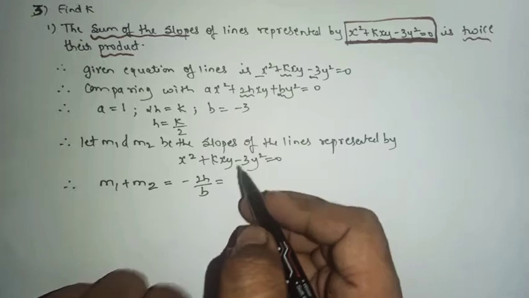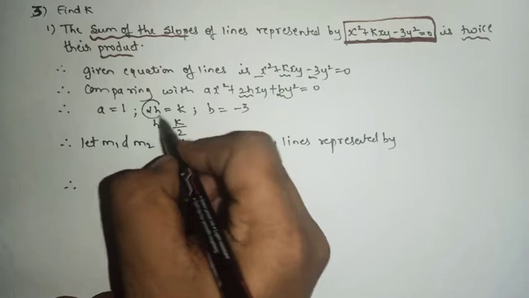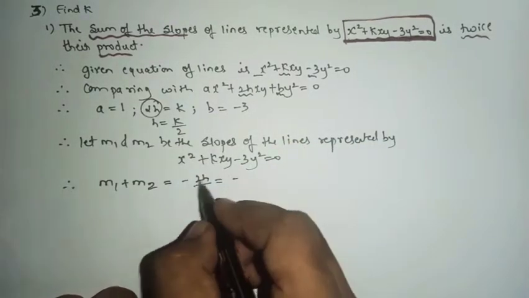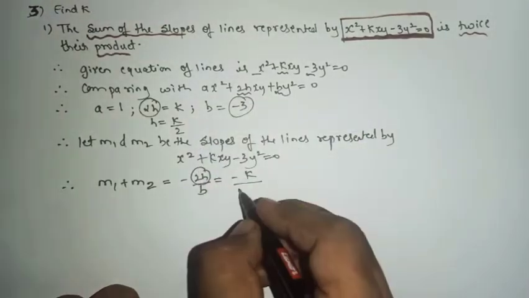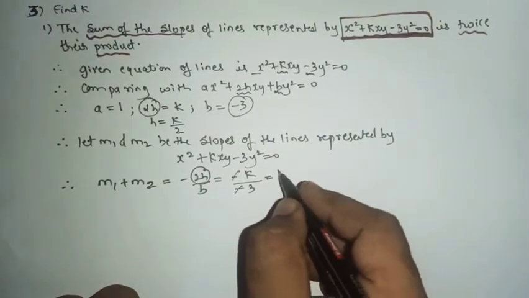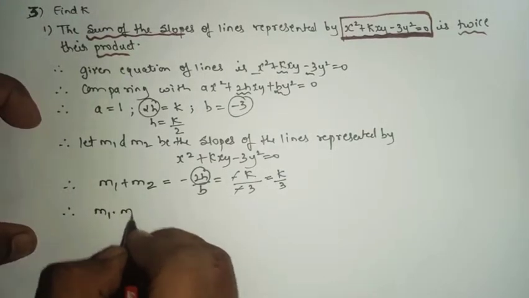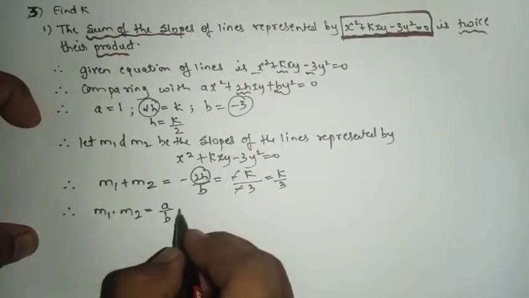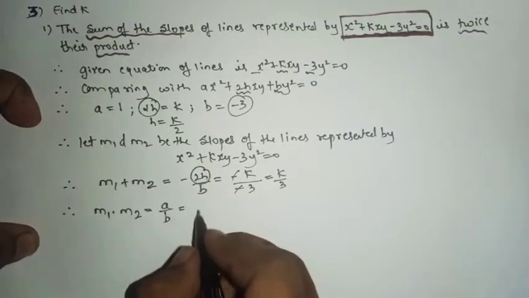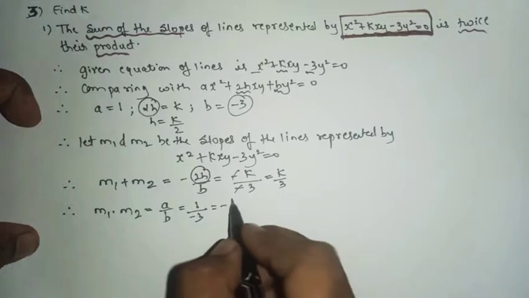So what is the value of 2h? Straight away directly we can put in place of 2h k. What is the value of b? That is minus 3, minus it cancels, so you will get what, k by 3. So the product will be what, is a by b, yes or no? So here the value of a is what, 1, and b is what, minus 3, so minus 1 by 3 is the answer.